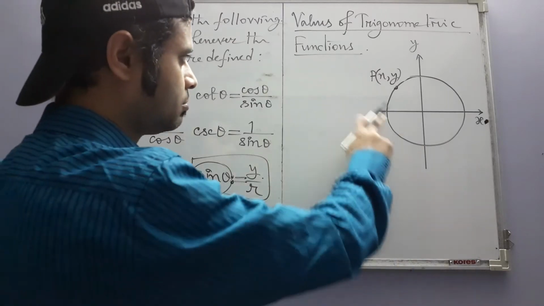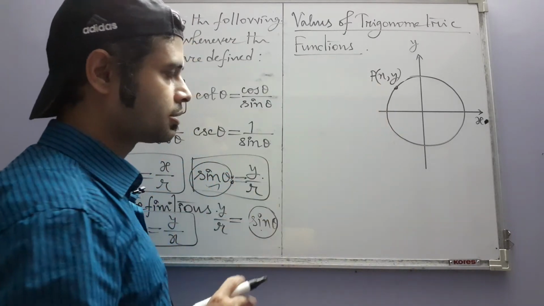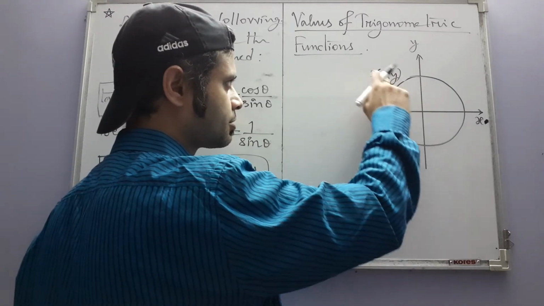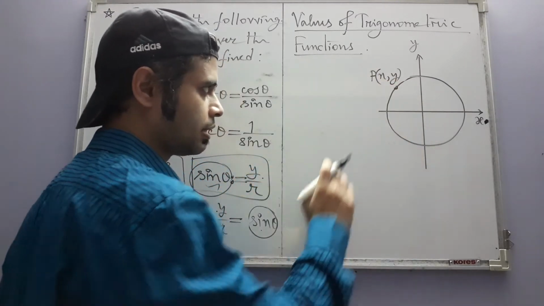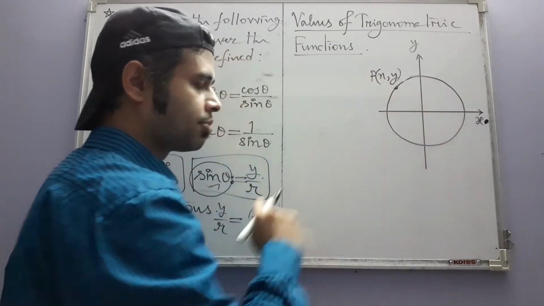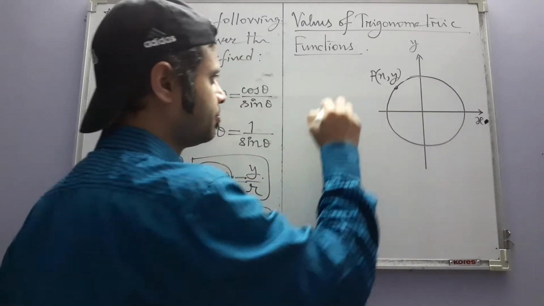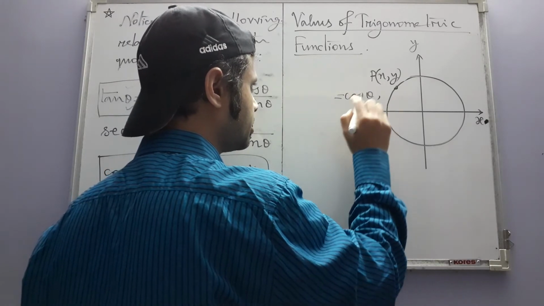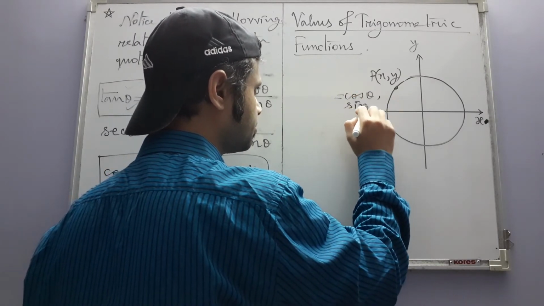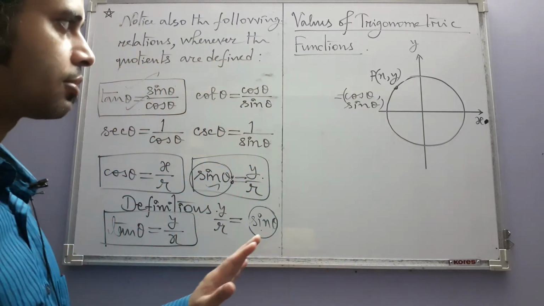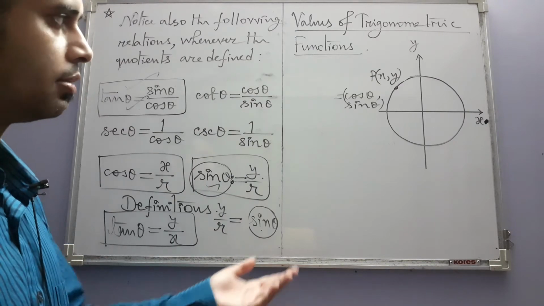Now if you express the coordinates like before in terms of the distance of P from the origin and in terms of the angle that ray makes with the positive x-axis, then this will become cos theta comma sine theta. In the general case you have r cos theta comma r sine theta.